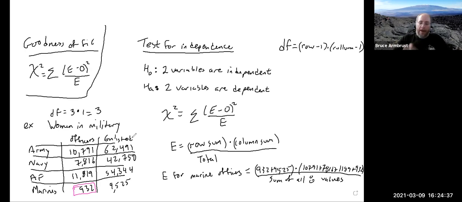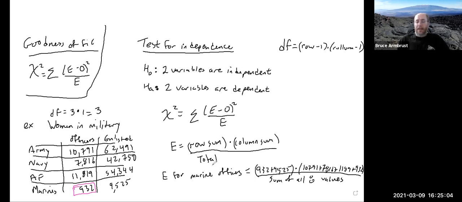All right, so I'm going to do another example of this, but I just kind of want to point out a couple things before I move off of this screen and erase it. I just want to show you that you can see why we're using the chi-squared again, because we're looking at how far off we are from what we expect. What we're expecting is the value we would get if they were independent.